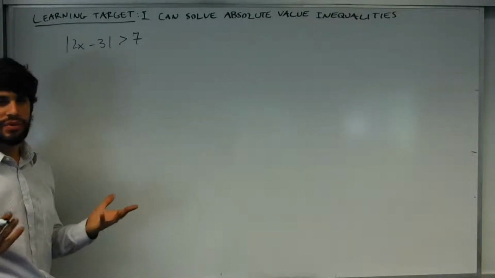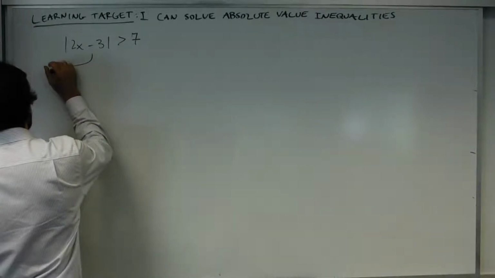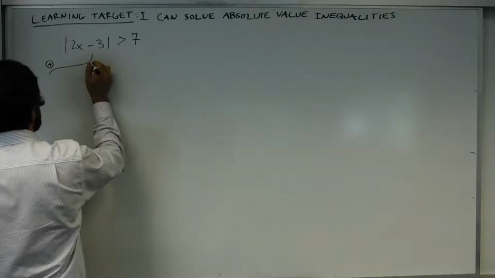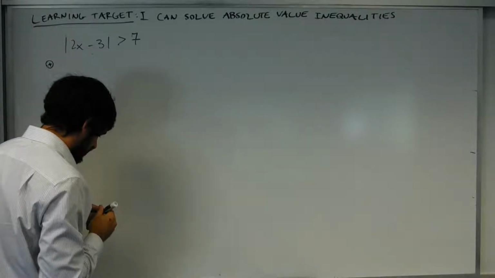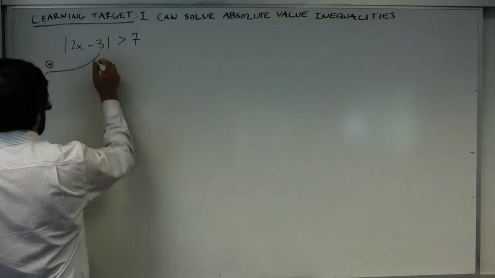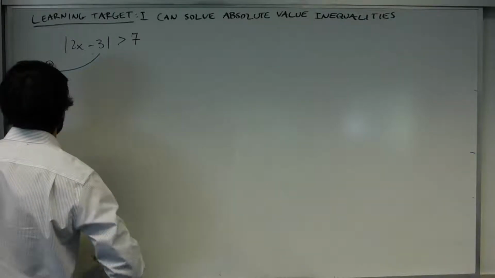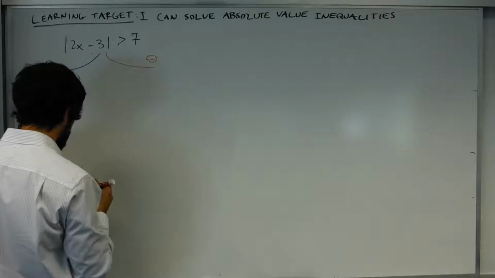The next step is we want to split it into the positive and negative case. Let's make it fancy and use different colors. We can do the positive case in blue, and the negative case in red.